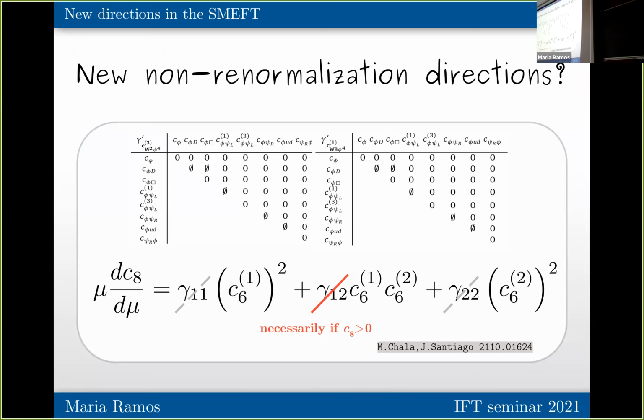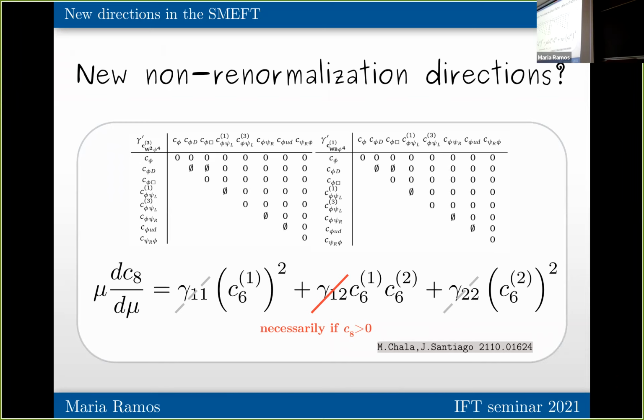Imagine that these dimension 6 coefficients could take an arbitrary sign, and for some reason, like we saw in some cases, you have some trivial zeros, so you just cannot build diagrams involving these dimension 6 interactions. So let's assume that gamma 1,1 and gamma 2,2 are 0.